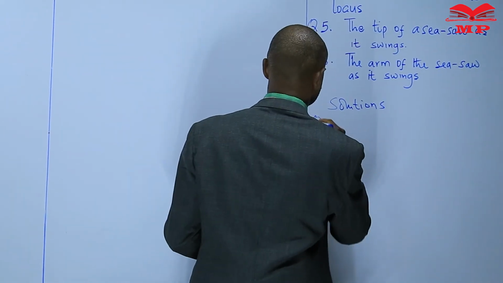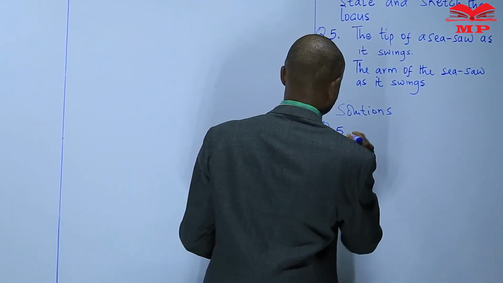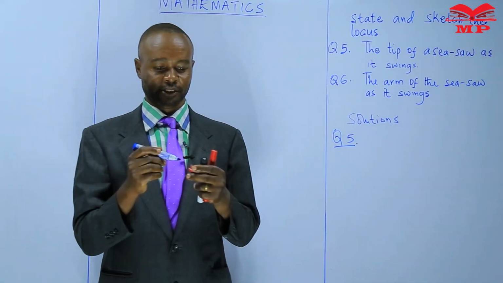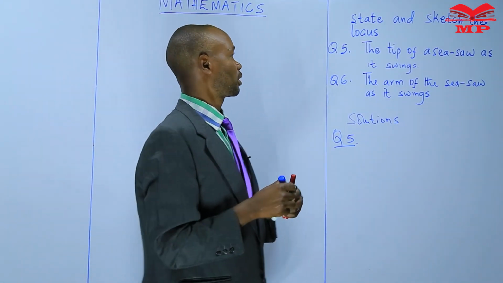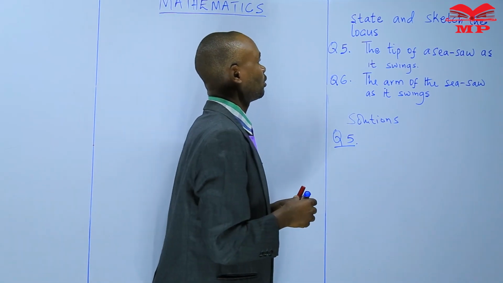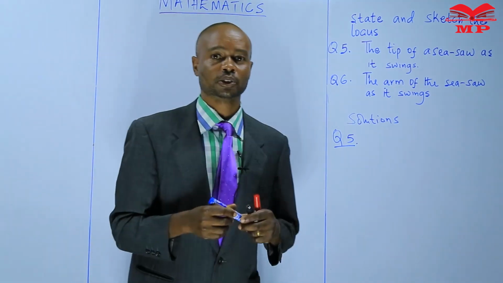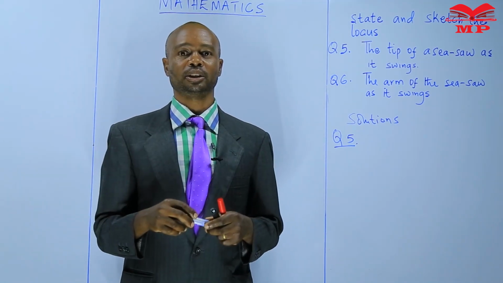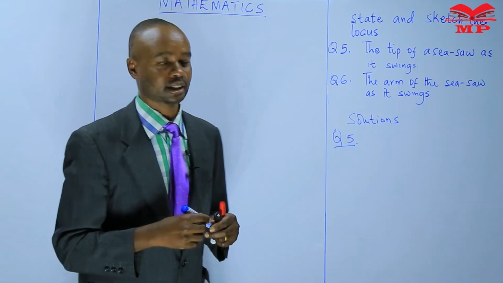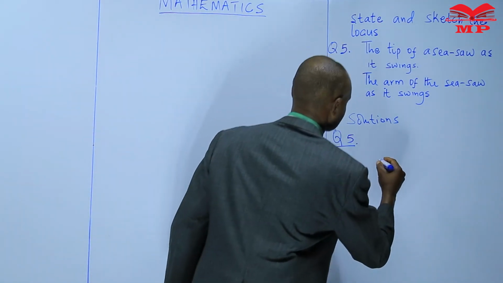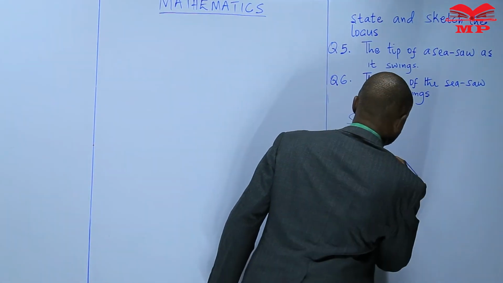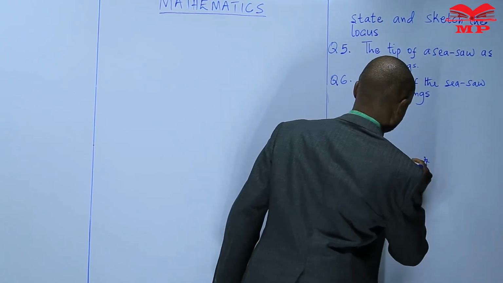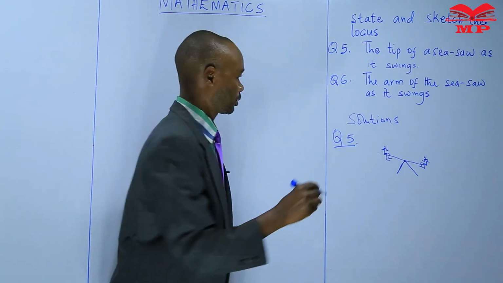We have question 5. Note that they have said state and sketch. You don't just state. So in 5, it is the tip of a seesaw. A sketch will be very important for us to internalize what is happening there. So I'll start with the sketch for number 5. And note that it is the tip.